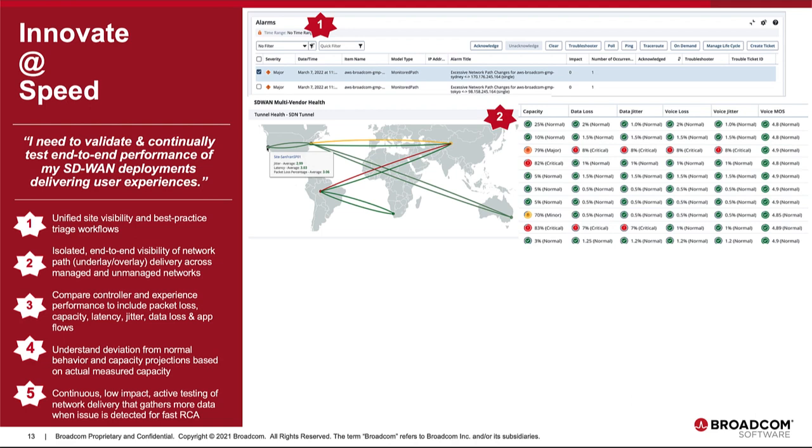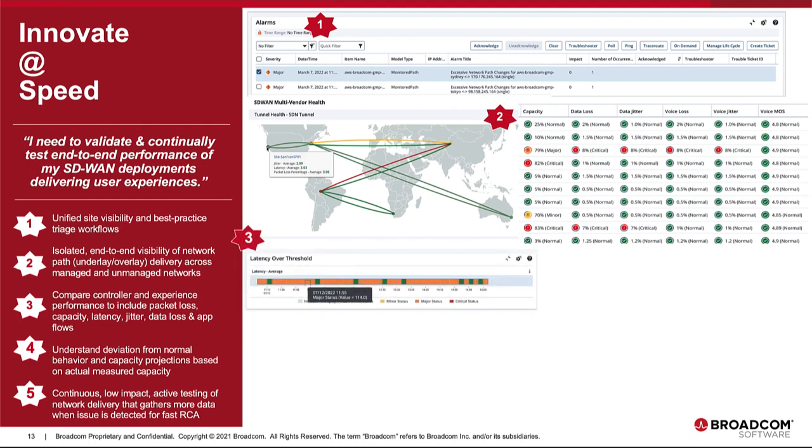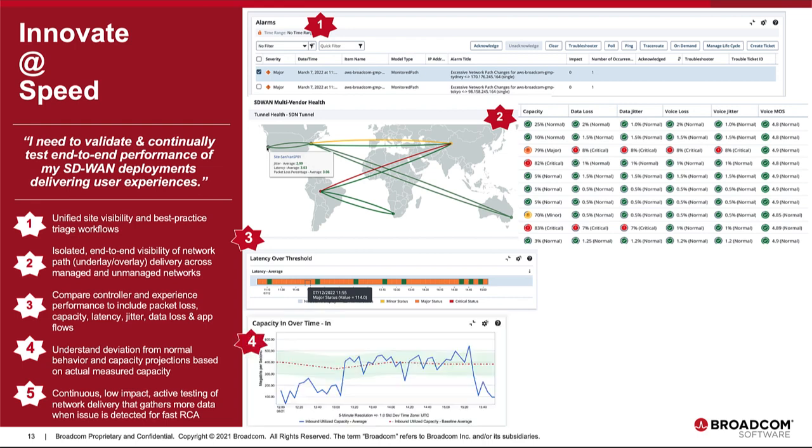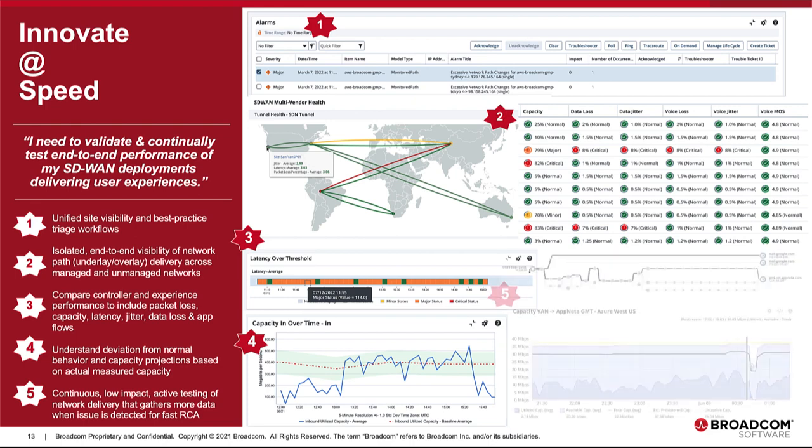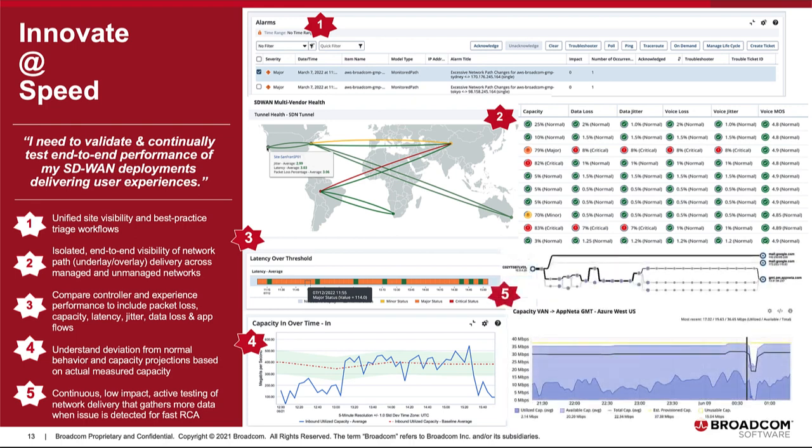This information is surfaced very easily and quickly to isolate what areas of the network operations should focus on when it comes to troubleshooting. And then moving into more granular information, what does network latency or packet loss or capacity or jitter look like over that affected network path? And then getting even more granular with AppNeta data to understand what every single network hop and the performance at that hop looks like along the software-defined network path.